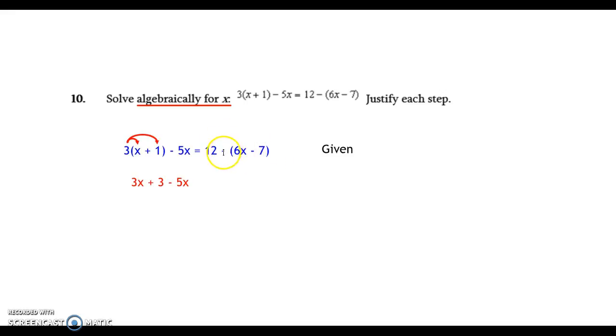Keep in mind that I'm distributing this negative sign into the two terms in the parentheses. So I've multiplied negative times 6x. That gives me negative 6x. I've put that negative onto a negative 7, which makes it a positive 7. And for both of these operations, it's the same reason. Instead of saying given, I'm going to say distributive property.